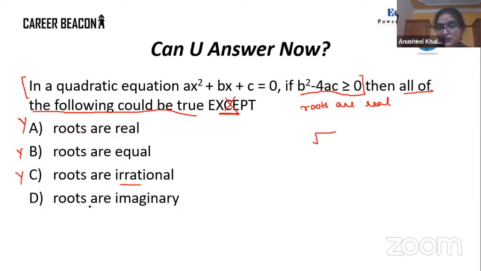And option B says roots are imaginary. Now, roots will be imaginary if and only if b square minus 4ac is less than 0, right? So for this option, the answer would be no, because this is not true. And because this was an except question and we have to pick the odd one out, the correct answer for this question is D, right?